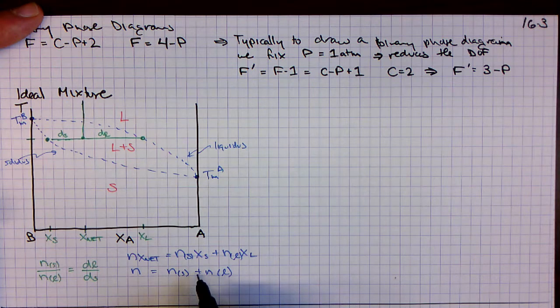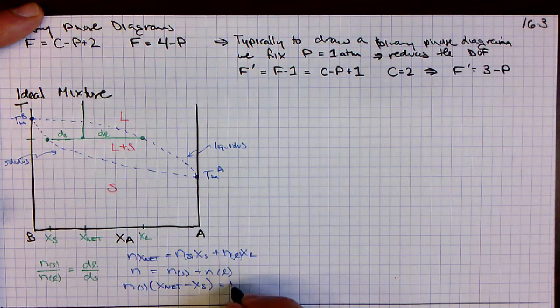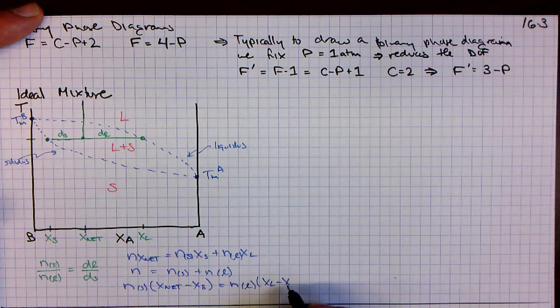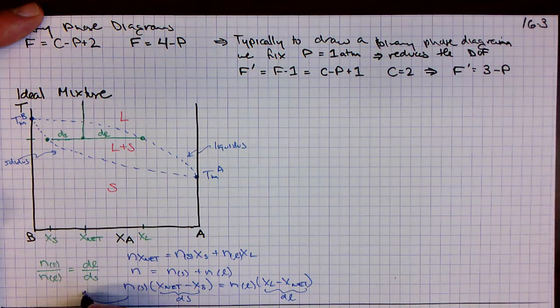Now if we subtract one of these from the other, we get that the number of moles of the solid times the net mole fraction minus the composition of the solid has to equal the number of moles of the liquid times the composition of the liquid minus the net composition. And this is essentially ds, and this is essentially dl. Okay, so that gives us our lever rule.